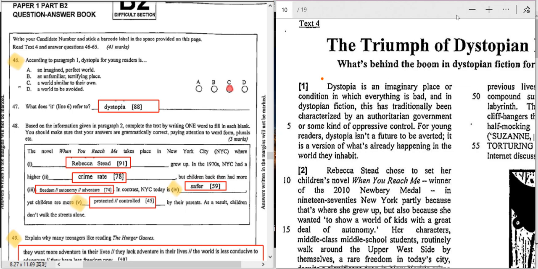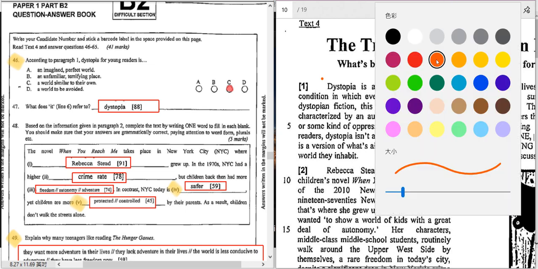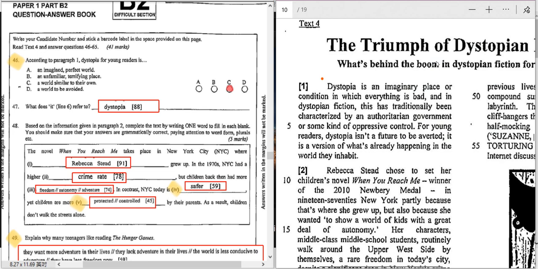So in other words, you find some striking features of dystopian society in dystopian literature. You find authoritarian government, some kind of oppressive power and control, and it is already happening in our world.